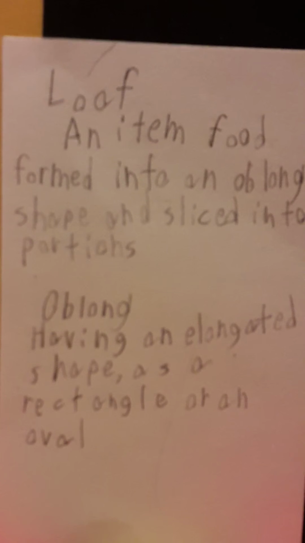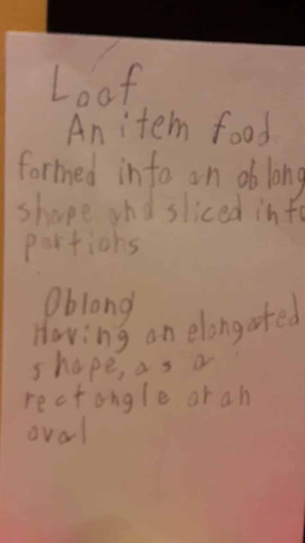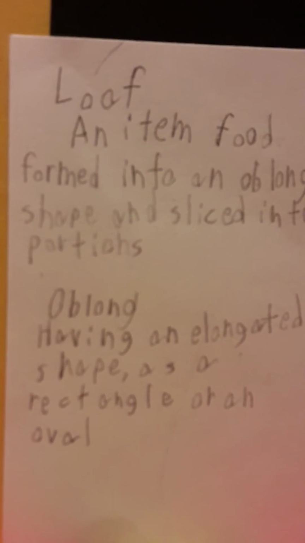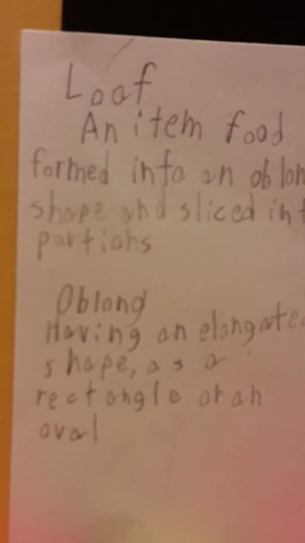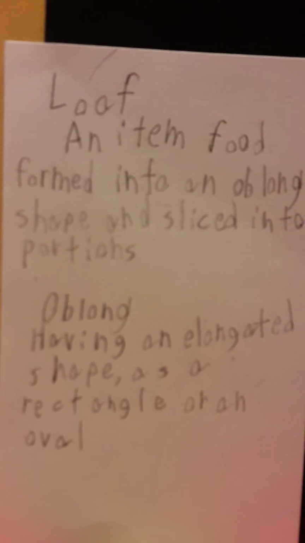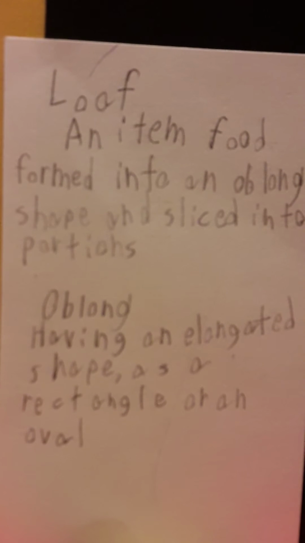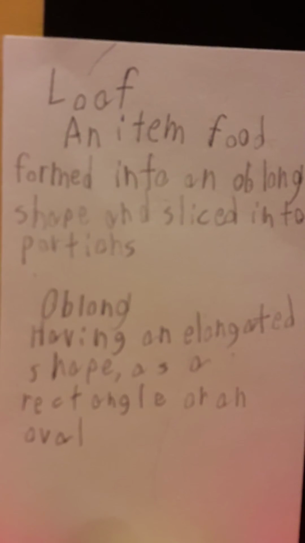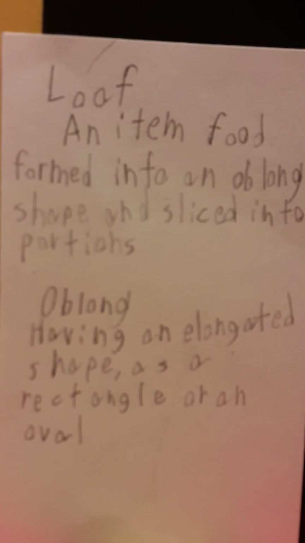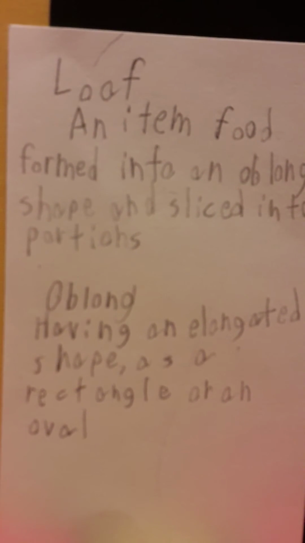Yeah, those would probably be loaves, since they are rectangular. They are sliced into portions, smaller slices. They are food, obviously. And they are formed that way, out of various different grains and such. Or some other examples, probably brownies, when they're made on a platter and then cut out.